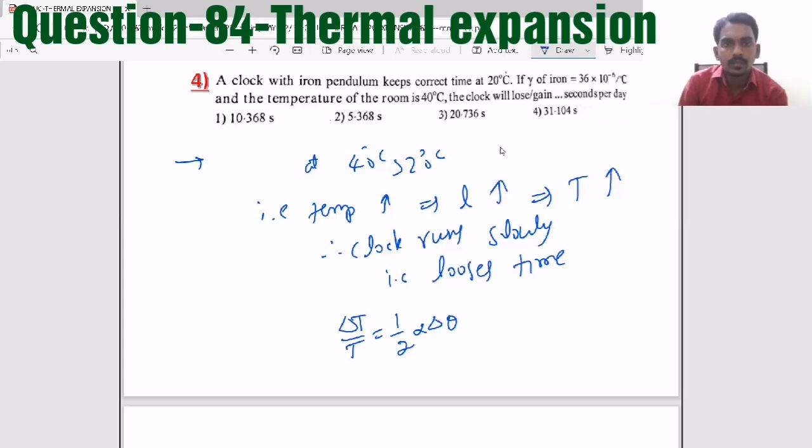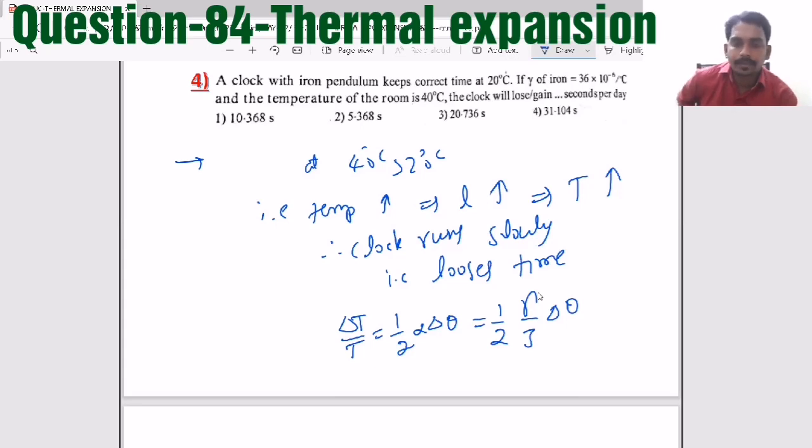Alpha is not given, but gamma is given, so I can substitute alpha as gamma by 3, times delta theta. So the gamma value is given. Delta theta is 20 to 40, that means 40 minus 20, 20 degrees Celsius. Then you will get the fractional loss.